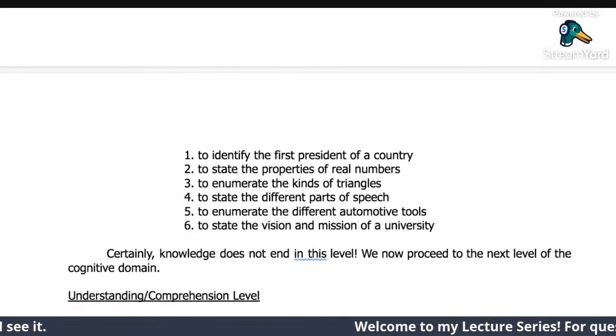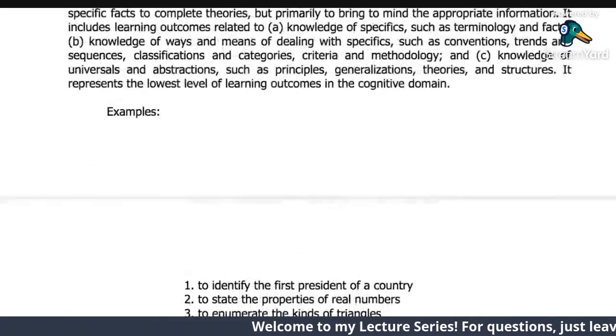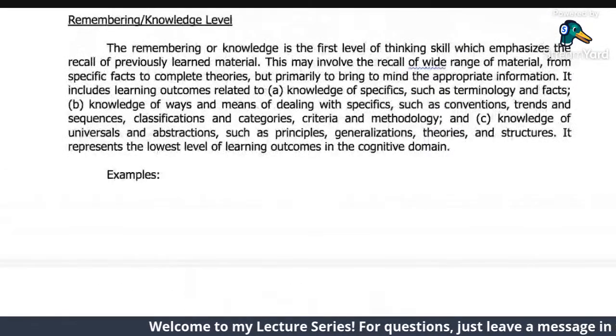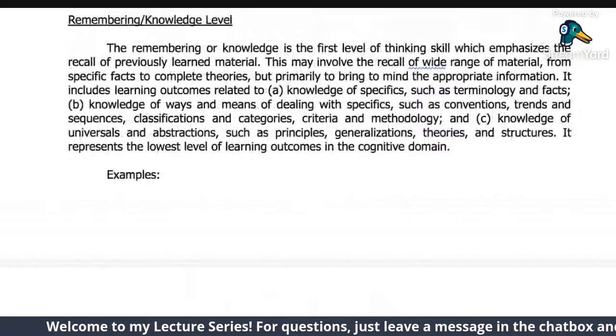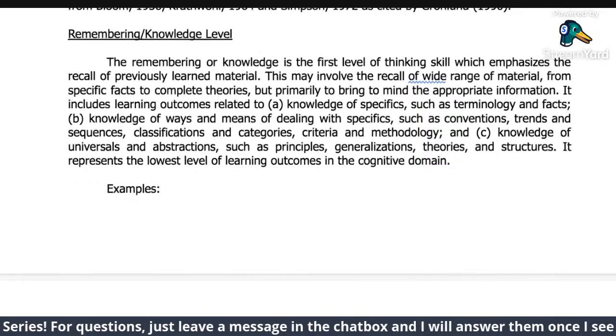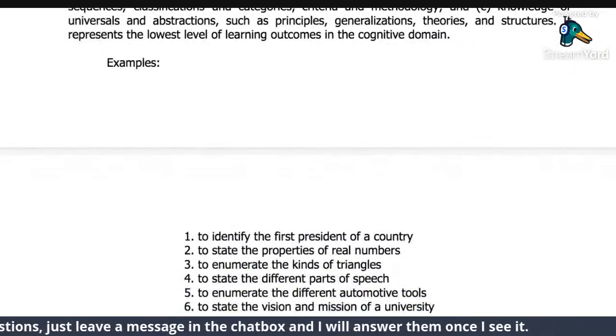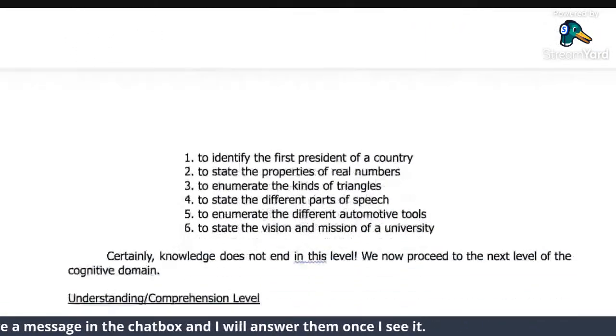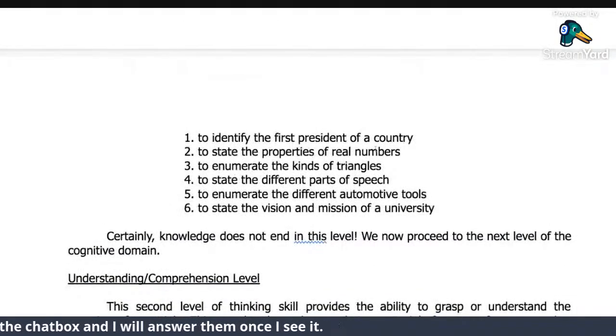So I hope guys, clear. Meron tayong specific part na pag-aaralan pa rin natin ito ulit. Okay? But I'm just giving you an idea of what this level is and how you're going to state your objectives under this level. Okay.